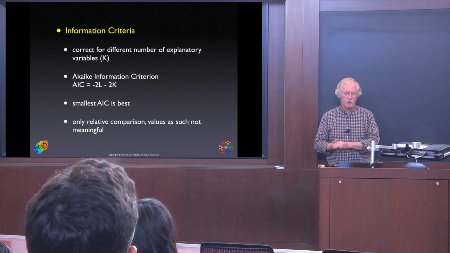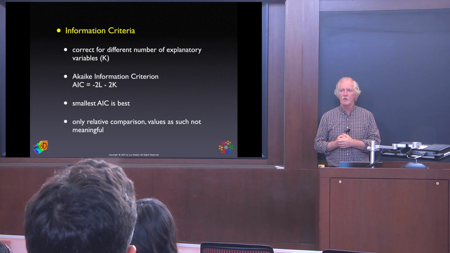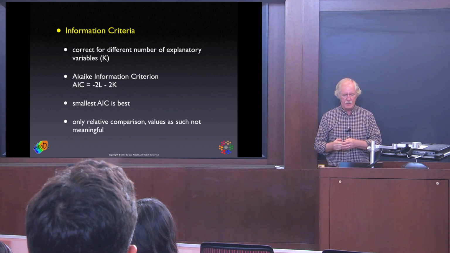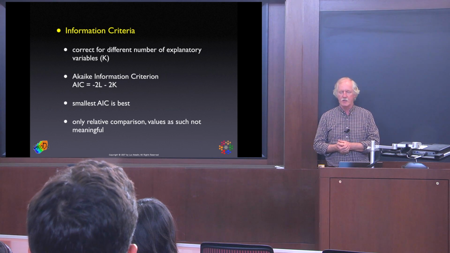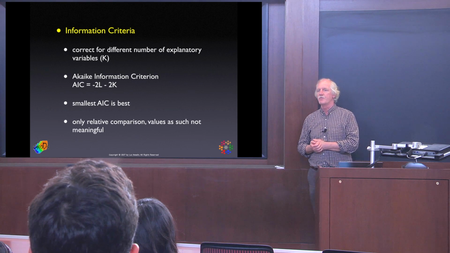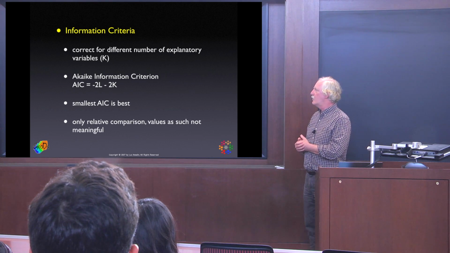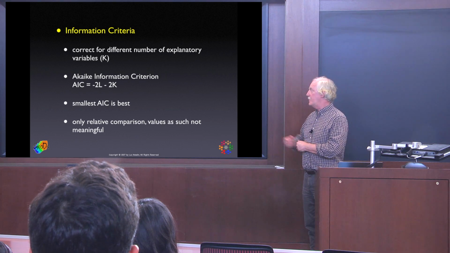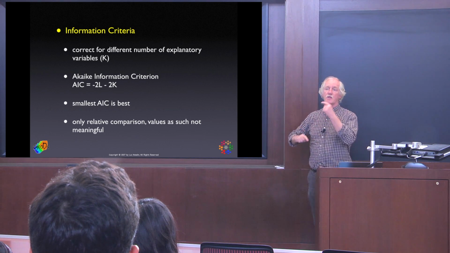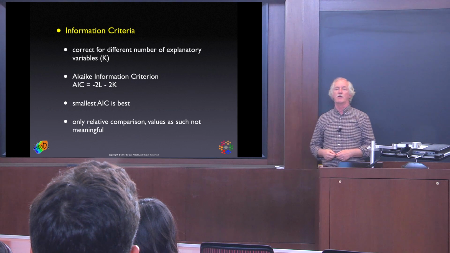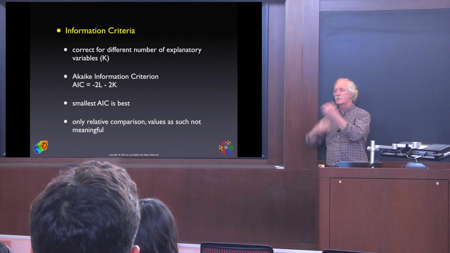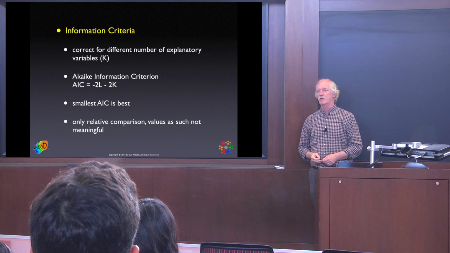The one that I just want to highlight here is known as AIC, or the Akaike information criterion, and is a very easy one. It's minus twice the likelihood, plus twice the number of variables in the model, right? And because it's minus, the interpretation is the opposite of the likelihood. Whereas you want the highest likelihood, you want the smallest information criterion.